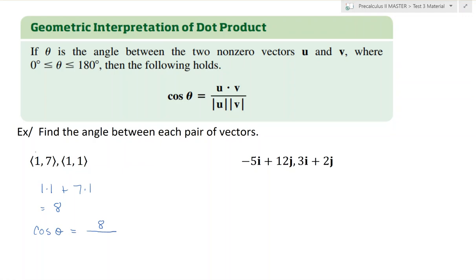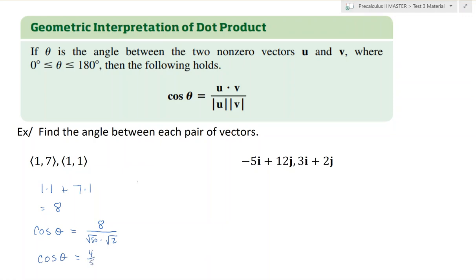So the magnitude of u is going to be 1 and 49. That's 50, the square root of 50. And the magnitude of v is 1 squared plus 1 squared, which is the square root of 2. And so then I have the cosine of theta is equal to 8/10 or 4/5.